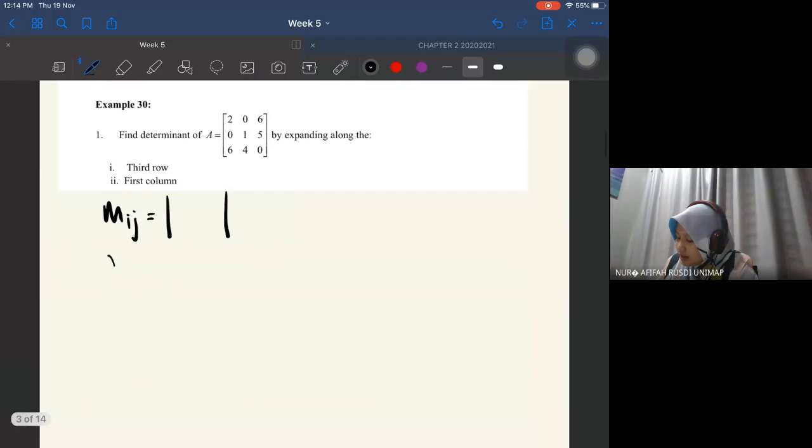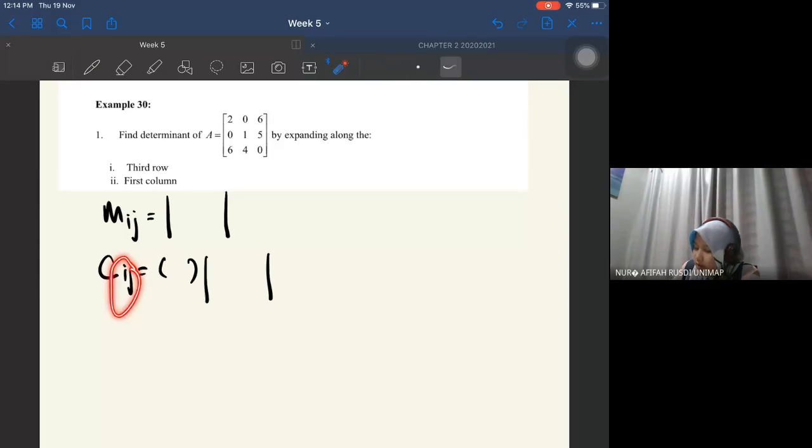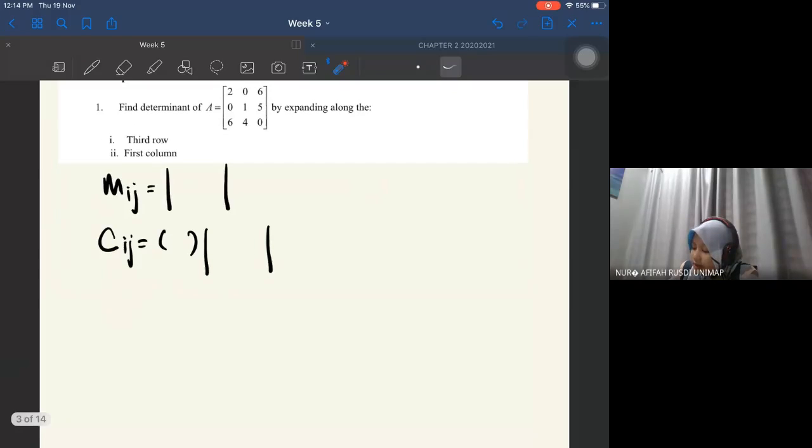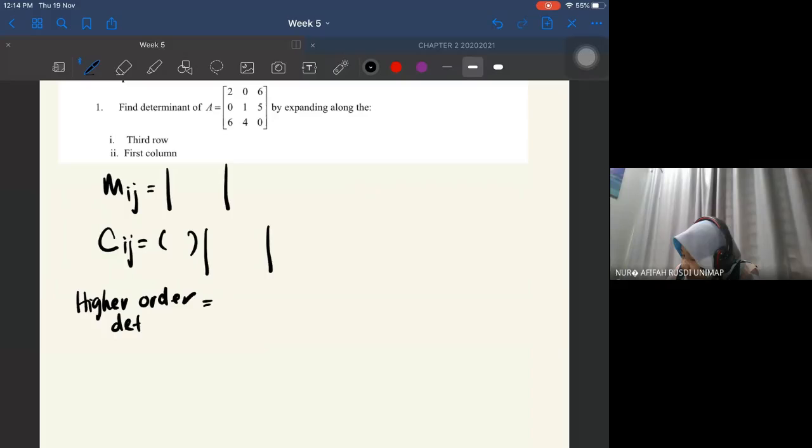For cofactor matrix, untuk cari element of the cofactor matrix, you have a symbol here, sama ada plus minus, and this is your matrix, the determinant based on this element lah. For higher order determinant, you akan ada value, symbol plus minus, and the determinant. So that is the difference.